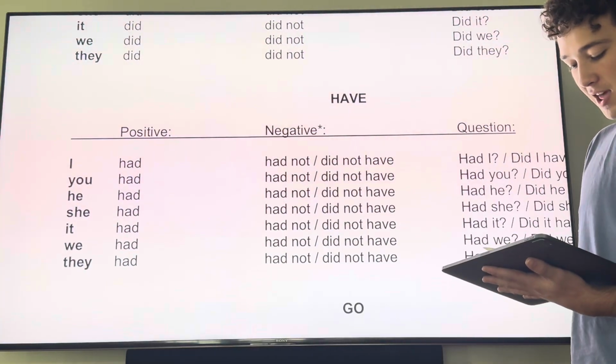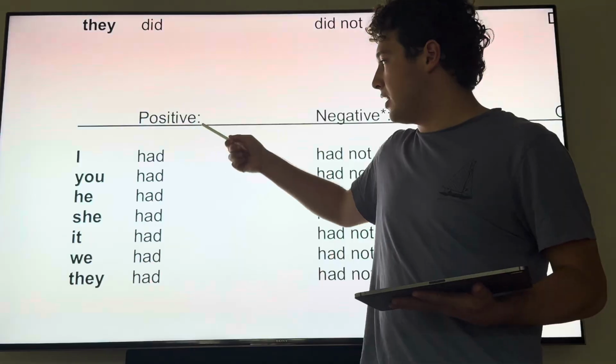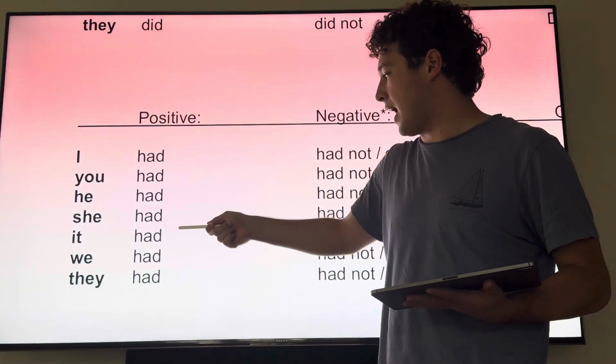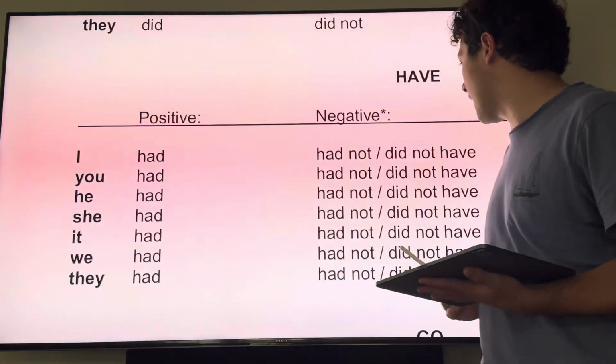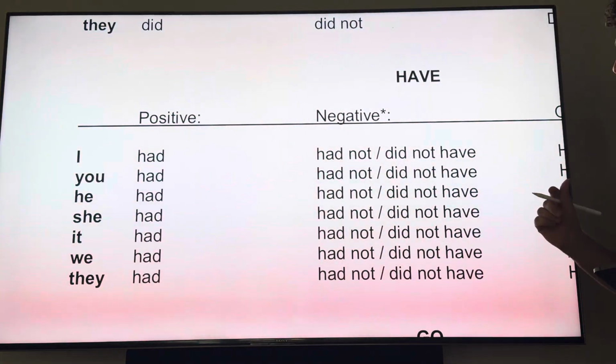Then have is very similar. I had, you had, he had, she had, it had, we had, and they had. Now, the negative is a little bit different.